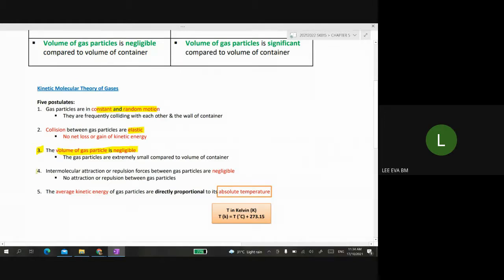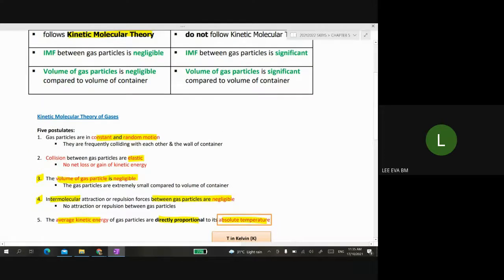Point number 4, intermolecular forces or attraction and repulsion forces are negligible. Point 3 and point 4 are very important. Point number 5, average kinetic energy of gas particles is directly proportional to the absolute temperature. So these are the 5 postulates for kinetic molecular theory.